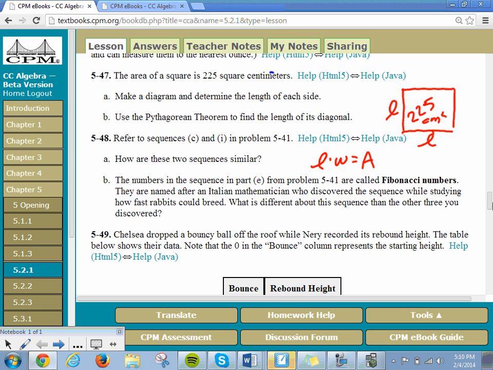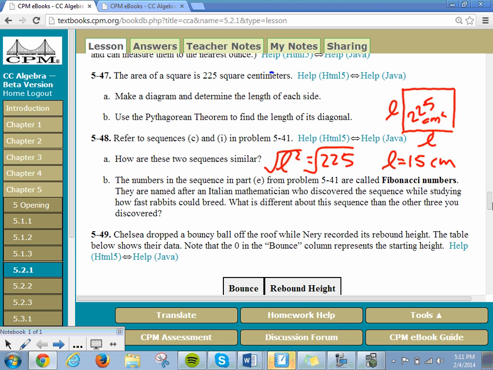So that tells me I can do L times L or W times W. So we've got L squared is equal to 225. So we're gonna undo the square by taking our square root. So the square root of 225 gives you 15. So that you know each side is 15 centimeters long.